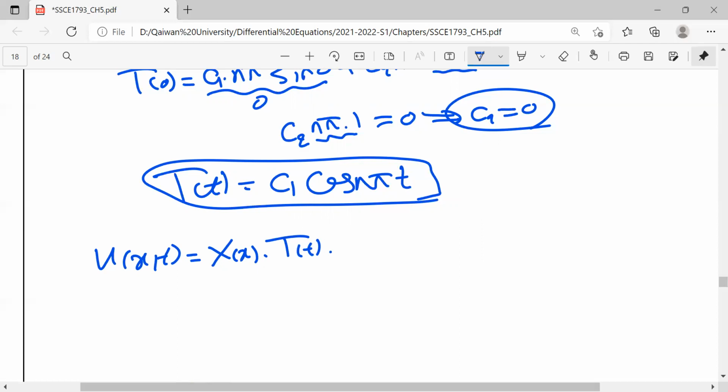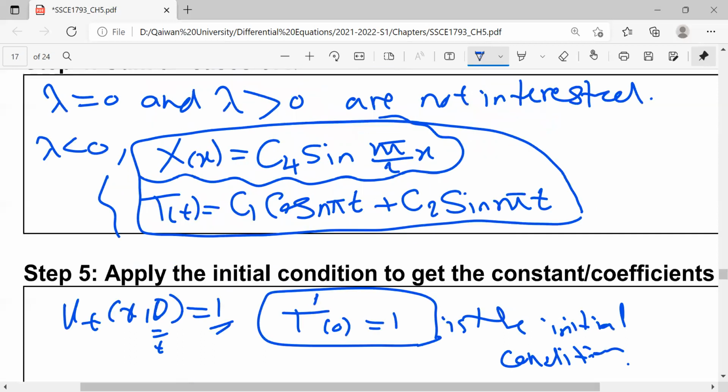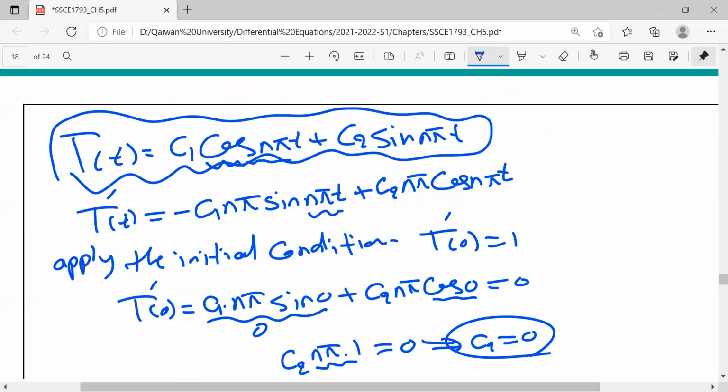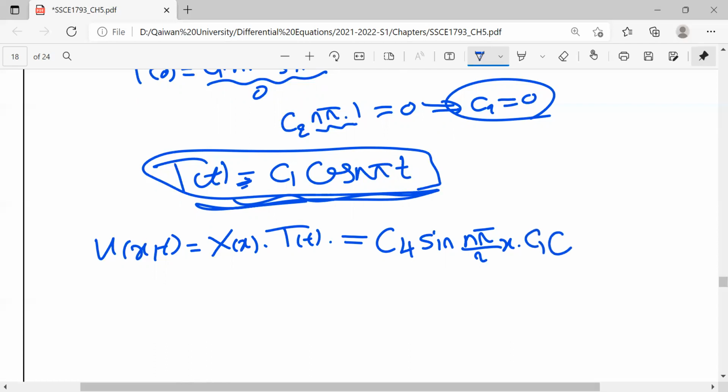Now we replace X and T by their functions. X of x is C4 sine n pi over 2 x, times T of t, which is C1 cosine n pi t. This is u of x and t.